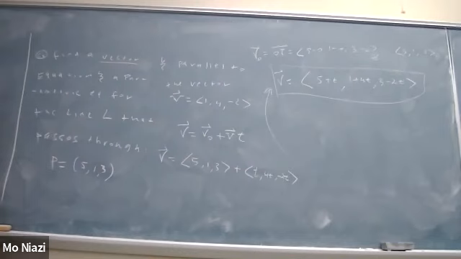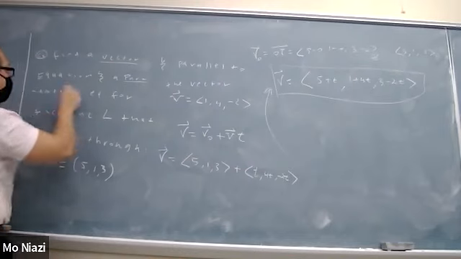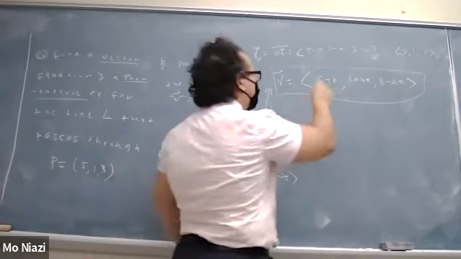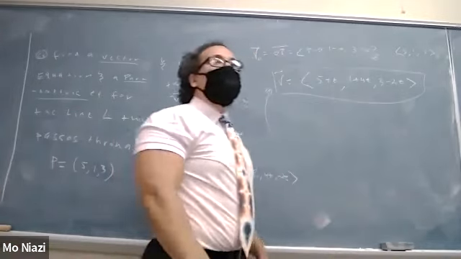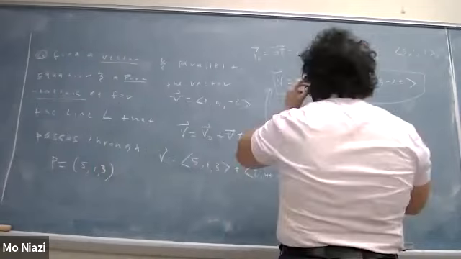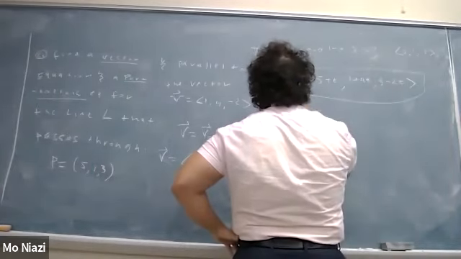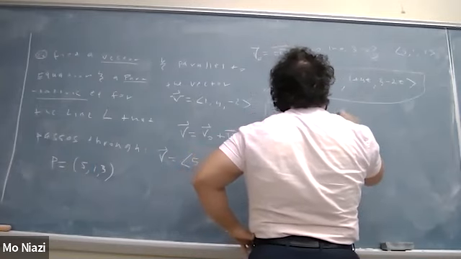Now, let's do the parametric equation for the parameter. t is our parameter. Really, it's not that bad. Notice that all this stuff is equal to r, and r is equal to some (x, y, z).